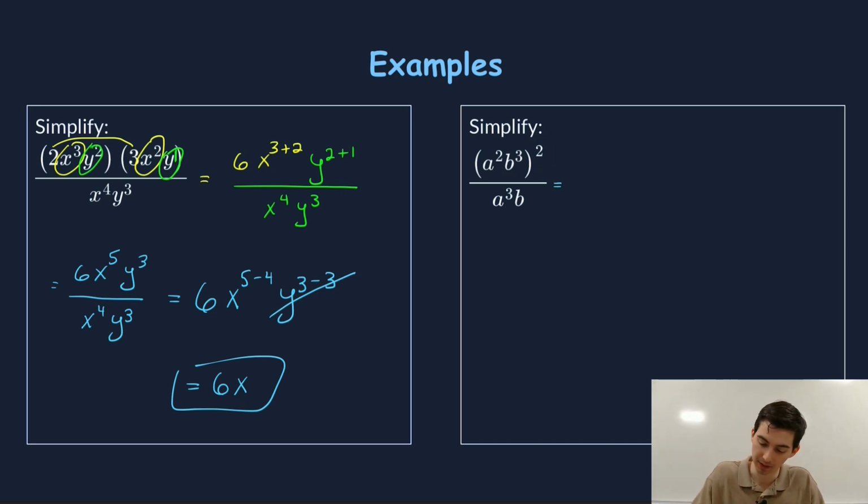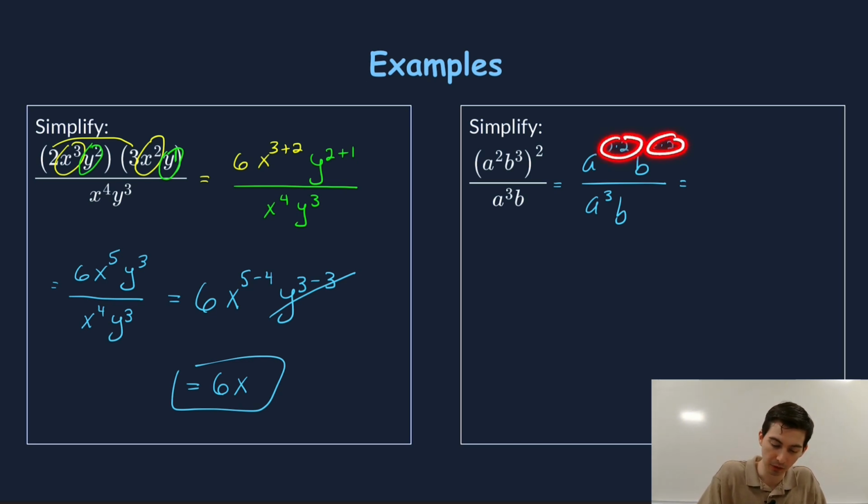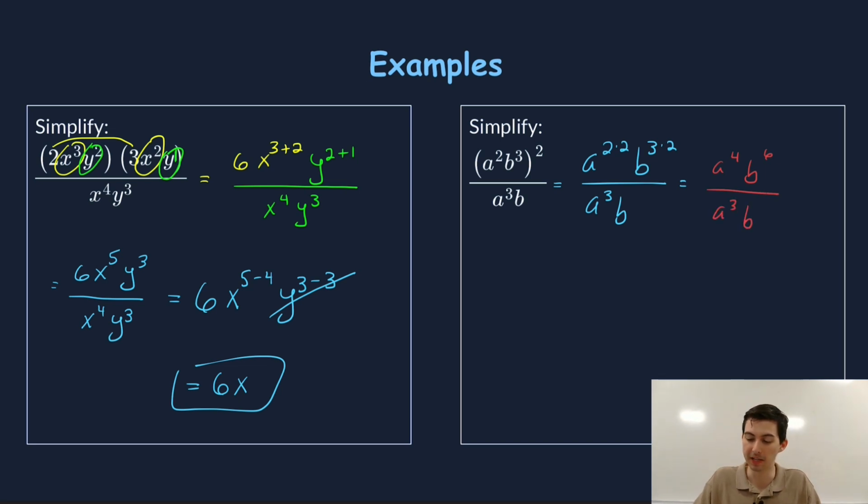So I'm going to take this and say a to the 2 times 2 and b to the 3 times 2. There's nothing I can do to simplify the bottom, so I'm just going to write a cubed b. And now let's simplify these right here. So 2 times 2 will give me a to the 4th, and 3 times 2 will give me b to the 6. All of this is over a to the 3 and b.